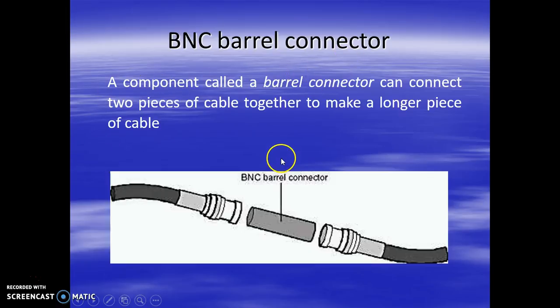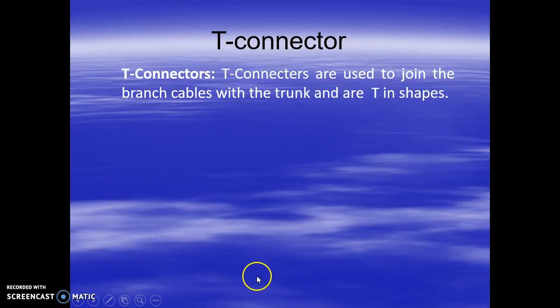BNC barrel connector. A component called a barrel connector can connect two pieces of cable together to make a long piece of cable. As shown in the figure, there are two cables which are connected through this BNC barrel connector, and in this way we can increase the length of the cable.